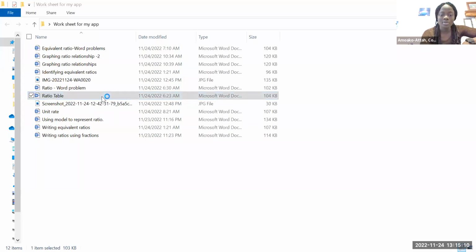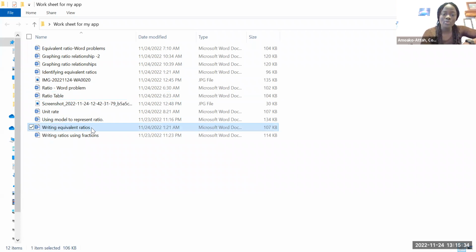Great. So I have ratio tables also to help you. You have to complete the ratio tables. Then after completing the ratio tables, you graph and tell me the relationship between the values.